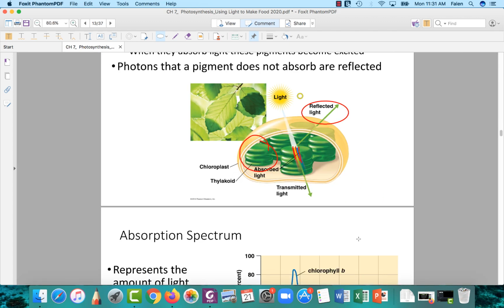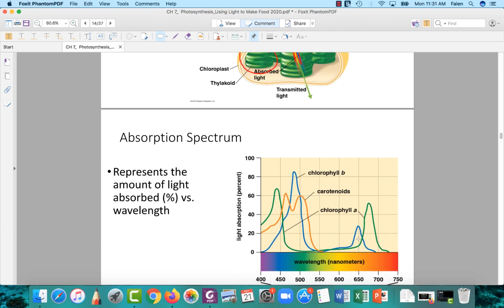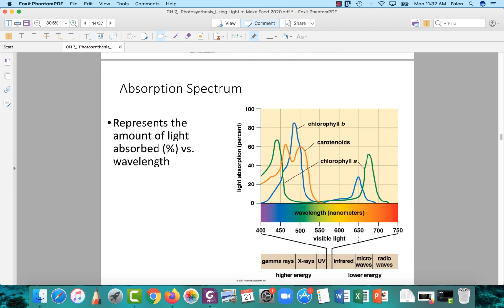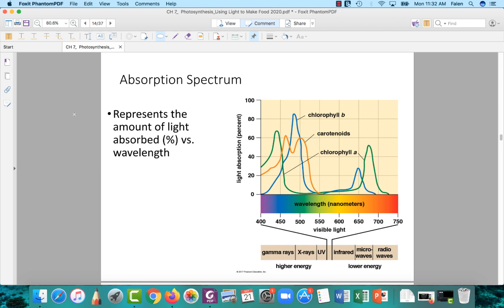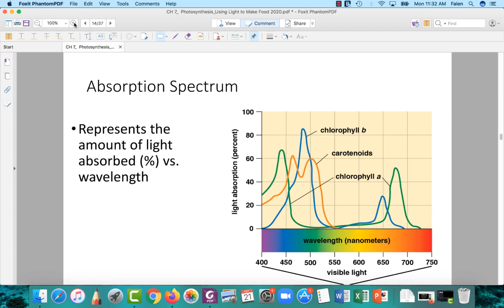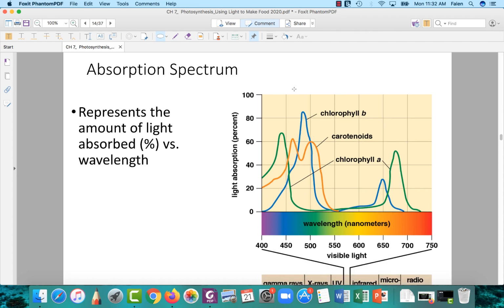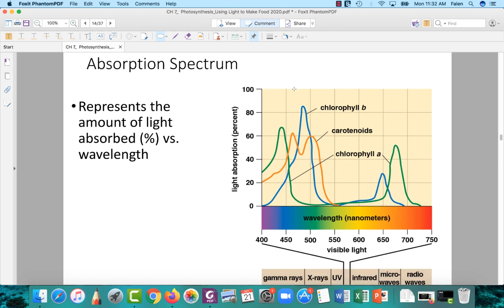Let's go ahead and look at the next significant topic. This is called the absorption spectrum, meaning that scientists have researched and researched how these pigment molecules work. So how do we know that chlorophyll A absorbs violet and red, and that chlorophyll B absorbs blue and red as well? This is how we know.